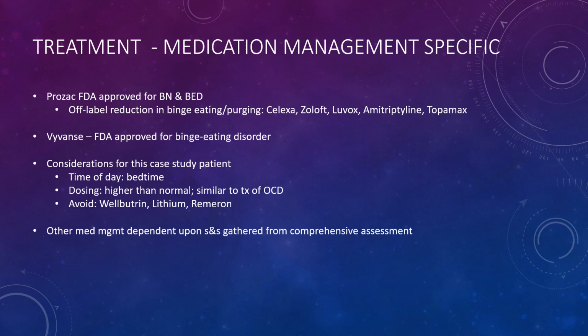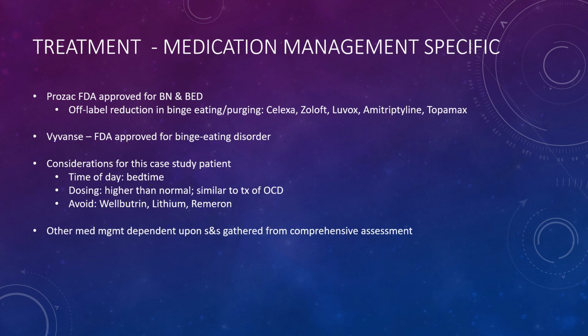If you're thinking just about binge eating disorder or treating that specific symptom set based on the frequency for which this patient does binge eat and then potentially purge afterwards, Vyvanse might be appropriate for this patient. You need to find out the frequency of the binge eating and then the frequency of her purging behaviors. But Vyvanse is FDA approved for binge eating disorder.